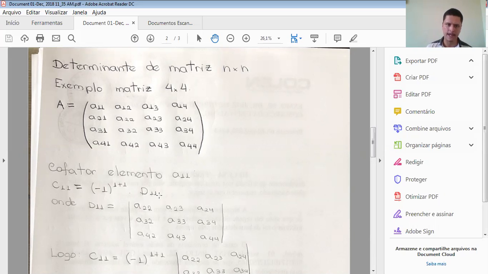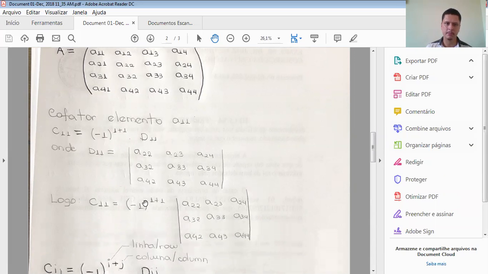Okay? So it's minus 1 to this power. For example, for the element A11 it was going to be minus 1 to 1 plus 1 times this determinant here.